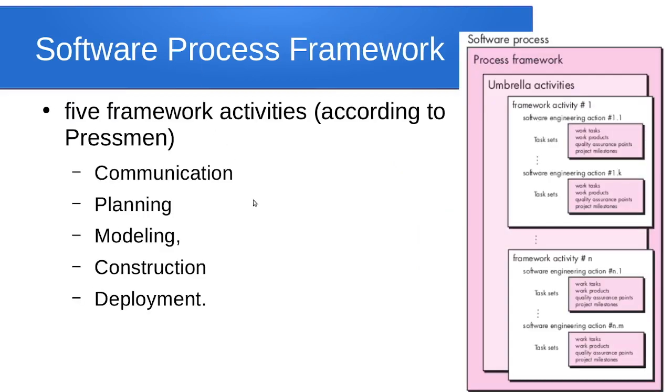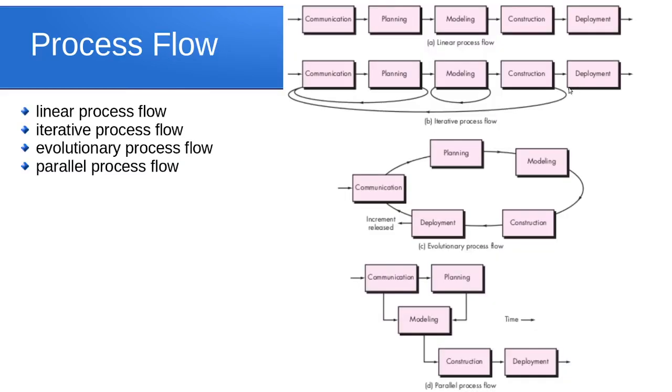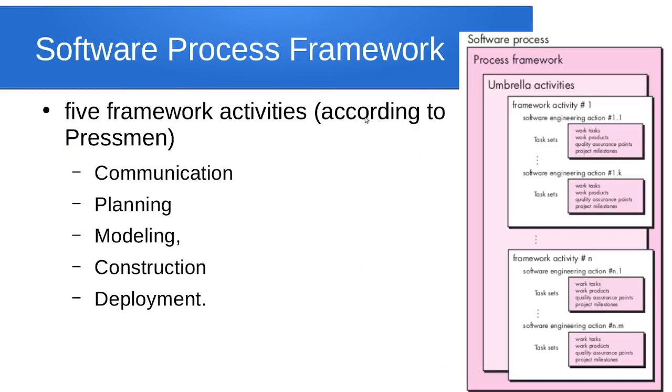Let us start with the software process framework. In this software process framework, we have to understand that in the total software development, there are certain framework activities and the umbrella activities, right? These umbrella activities are such activities which are there throughout the life cycle of this development.